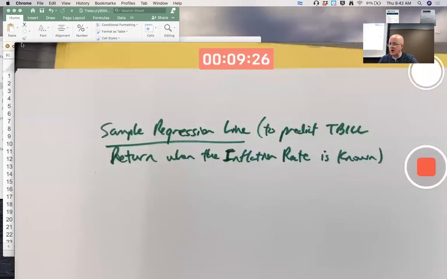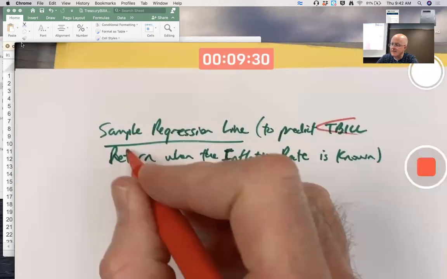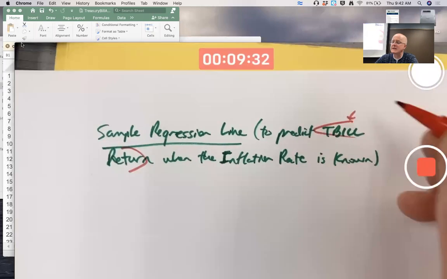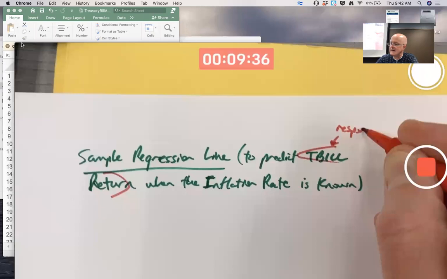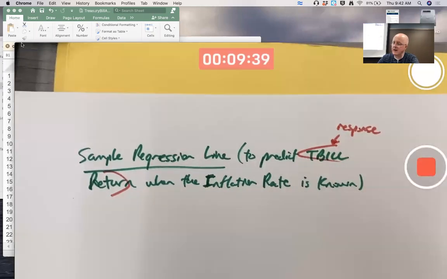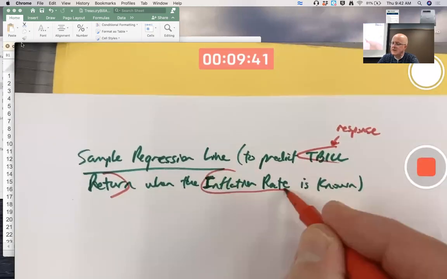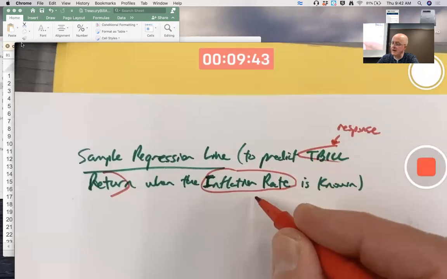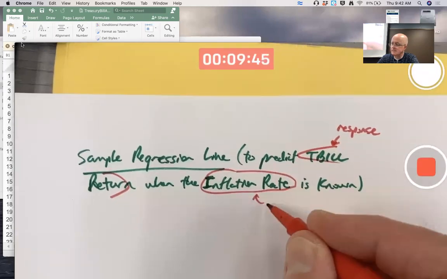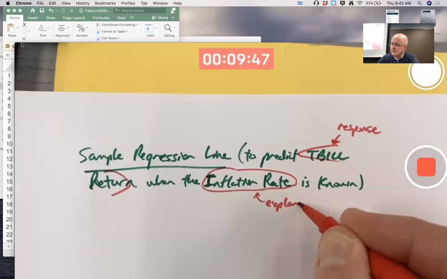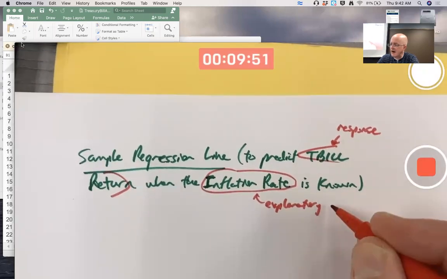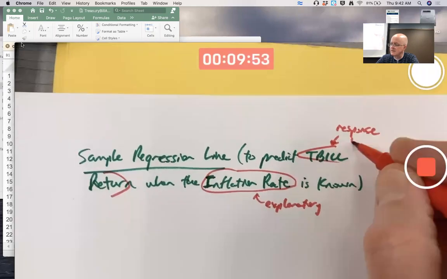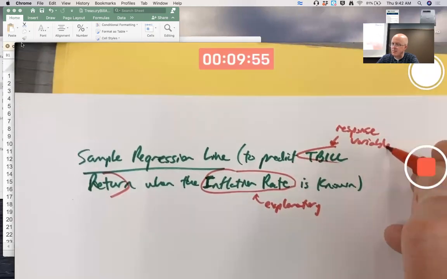The T-bill return as an interest rate, that's your response variable. The idea is that it responds to the inflation rate, which is a generally true thing, by the way. Think about what's going on right now. So this is the response variable. This is the explanatory variable.